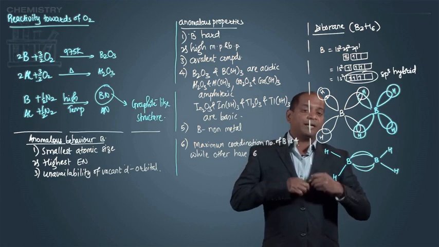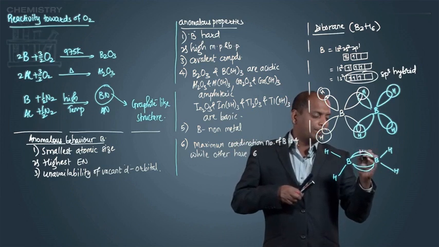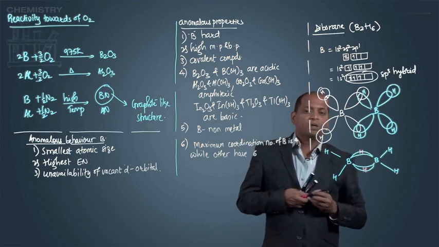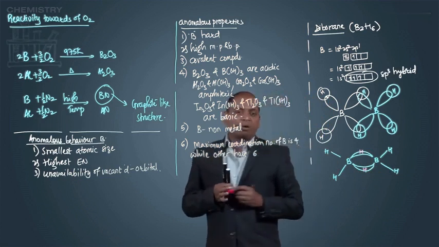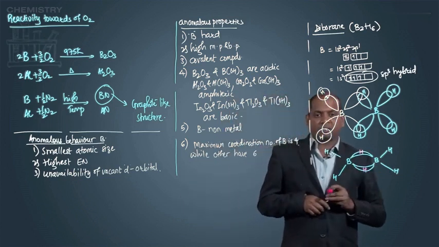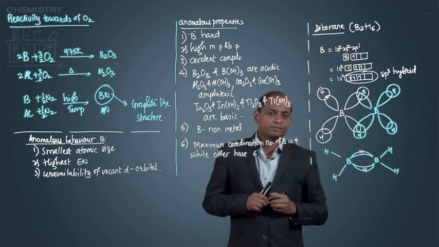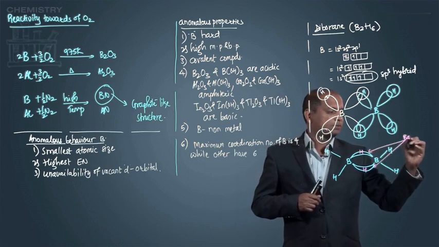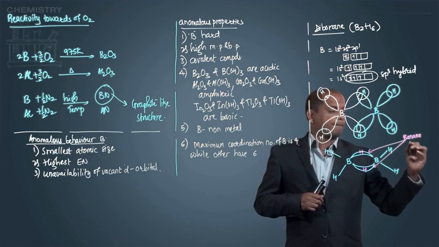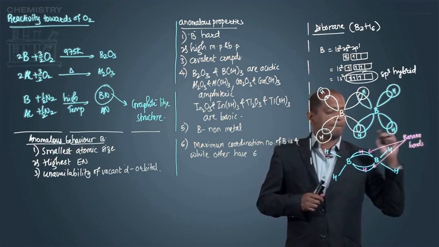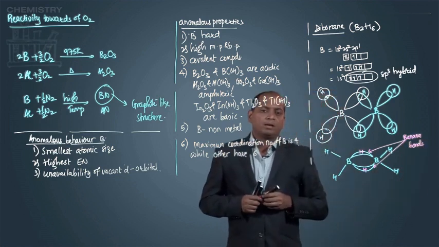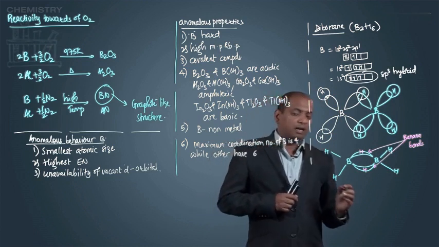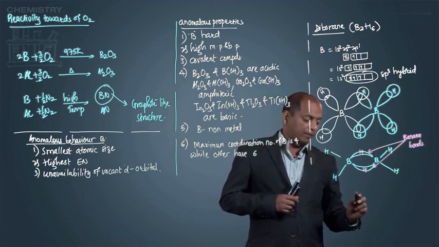So there is no direct boron-boron bond. Two boron atoms are bonded by these bridge hydrogen atoms. These are called banana bonds. And it actually looks like this.